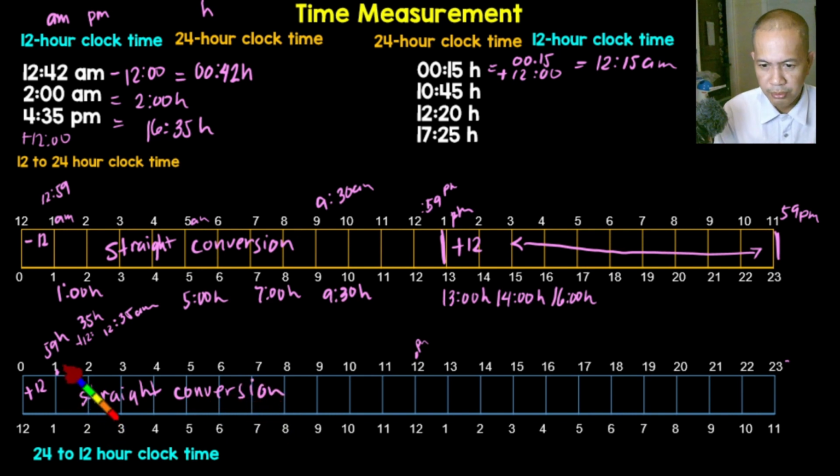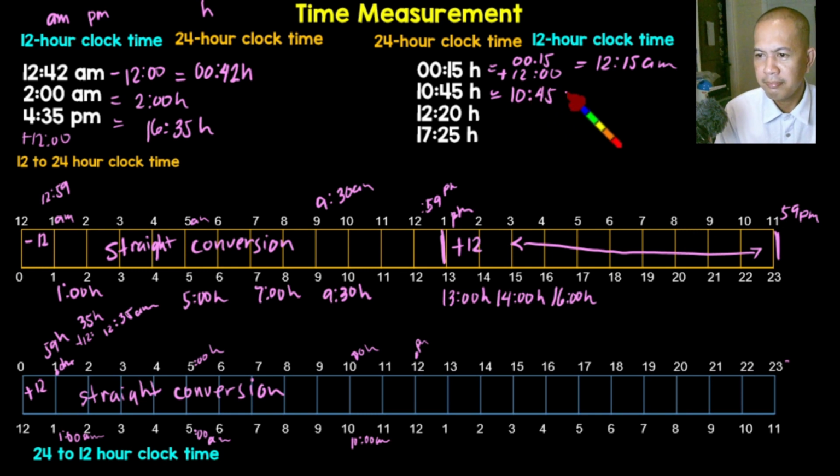For example, 100 hours is 1 a.m. 500 hours is 5 a.m. 1000 hours is 10 a.m. For example, 10:45 hours is equal to 10:45 a.m.